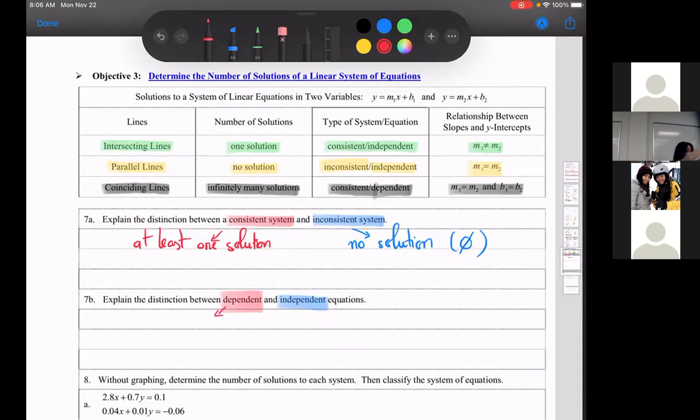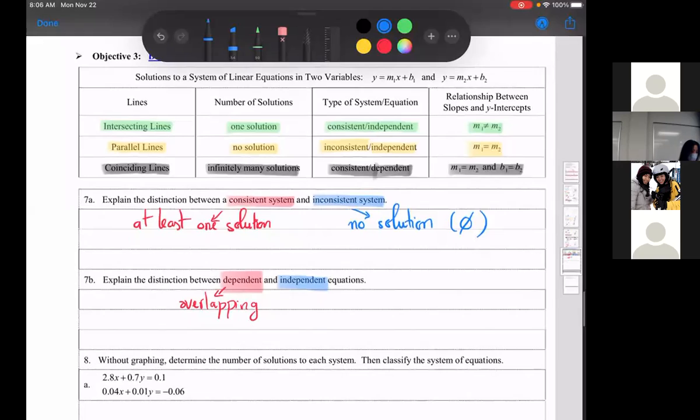They're overlapping. They depend on each other. If they're independent, you guys say what independent means? They're not dependent.